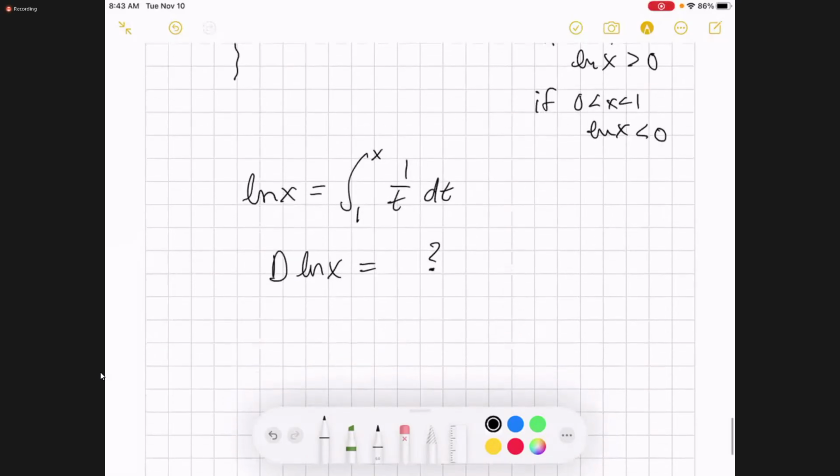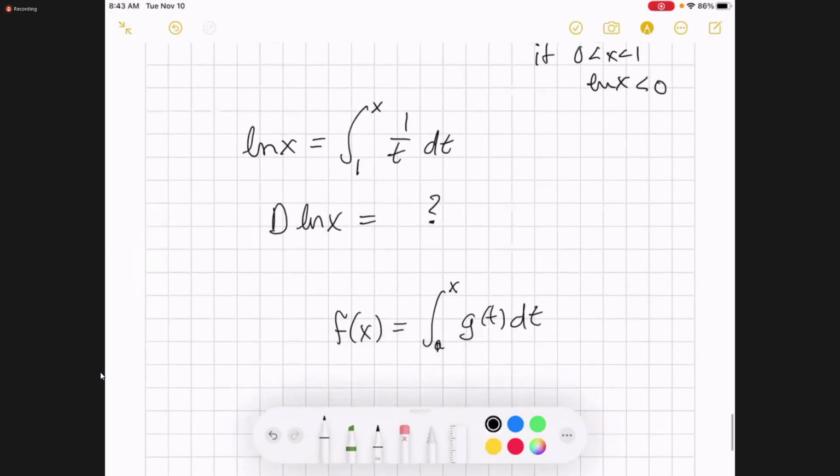Okay. If you have a function defined in this peculiar way, from a to x of g of t dt, where a was any number, it didn't have to be 1. Oops, I cannot put an x there because x represents the endpoint of an interval.